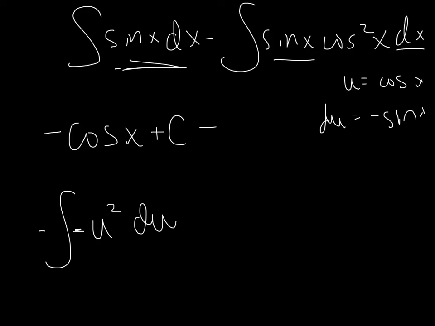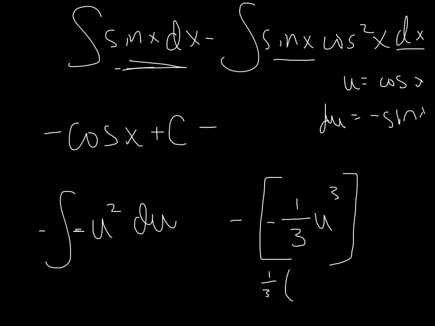To integrate negative u squared, I would do negative, this negative right here is this negative. And then u squared would be 1/3 u to the third, but I need a negative. Okay. So when I plug back in, the negatives cancel out. So I just have 1/3 cosine to the third x.